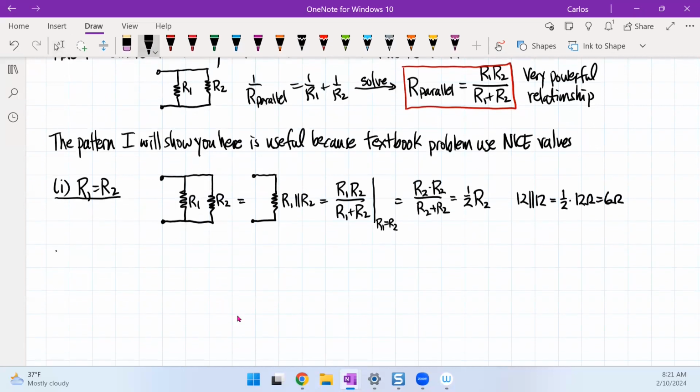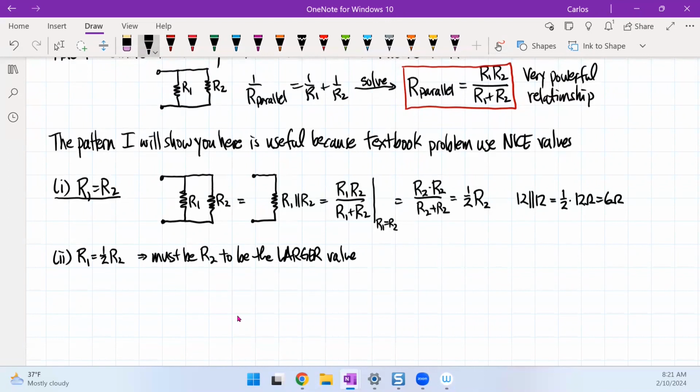Now, let's see what happens if R1 is equal to 1/2 R2. And the thing that's really important here is you must pick R2 to be the larger value.